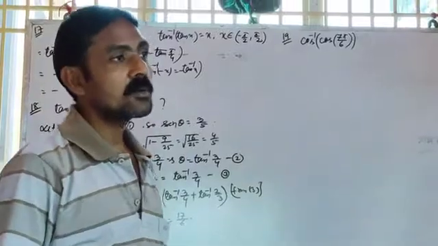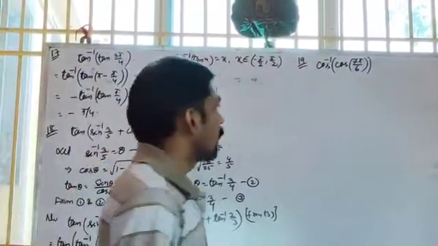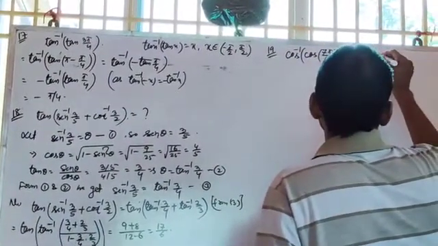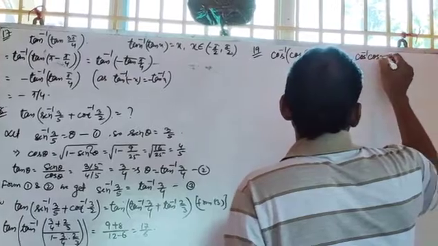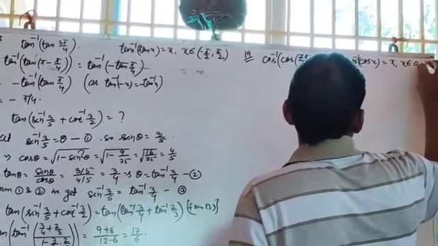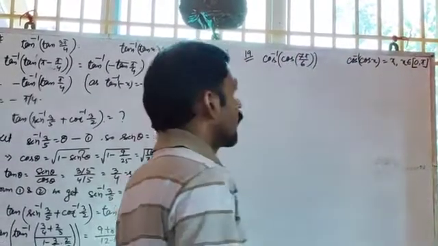So the x should belong to which interval? Closed interval 0 to pi. Right? Cos inverse cos x equals x, where x belongs to 0 to pi.